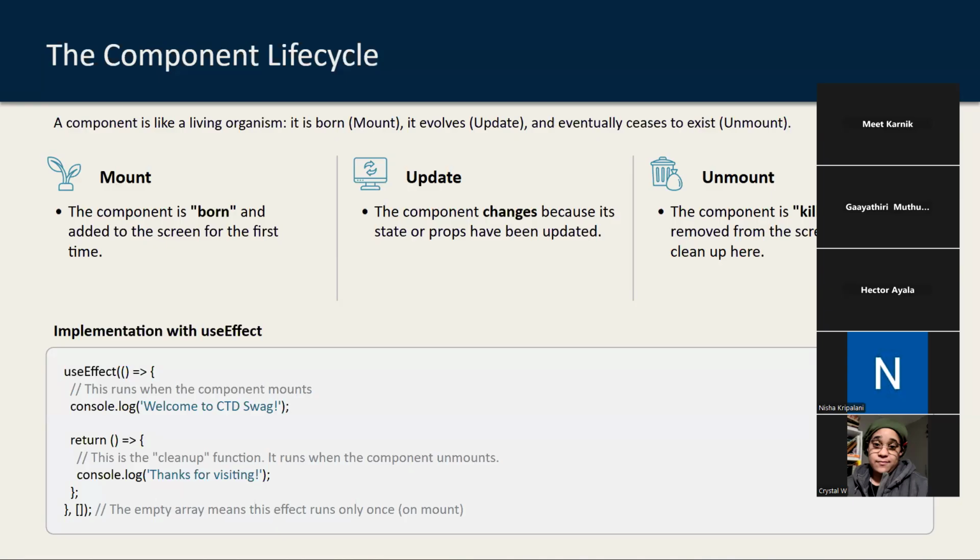Update is when something changes, usually the state or its props, and then React re-renders it. And then finally, there's the unmount stage where the component is removed from the screen.